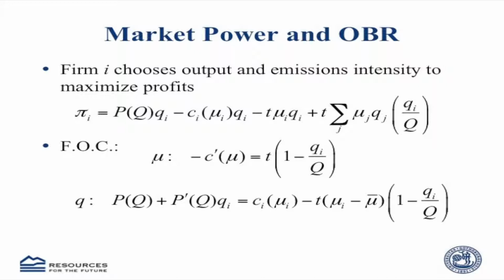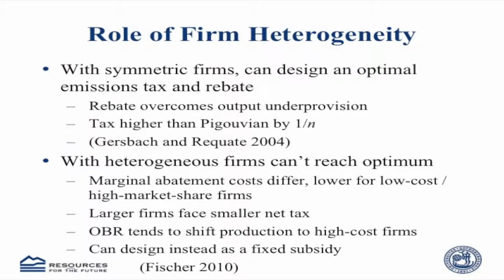So in this case, if you have heterogeneous firms, then you can't reach an optimal allocation. You can do better with rebating in terms of dealing with the overall under provision, but you do get some shifting of output among the firms. In fact, output-based rebating then tends to shift more production to the smaller high-cost firms, and the larger firms get a smaller net tax.